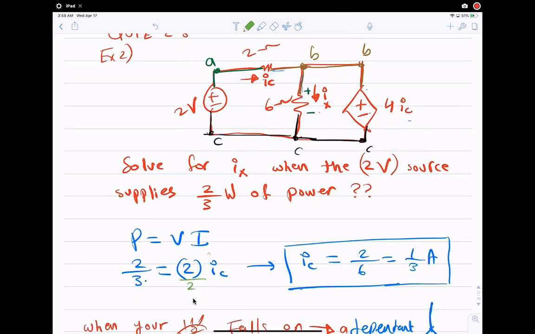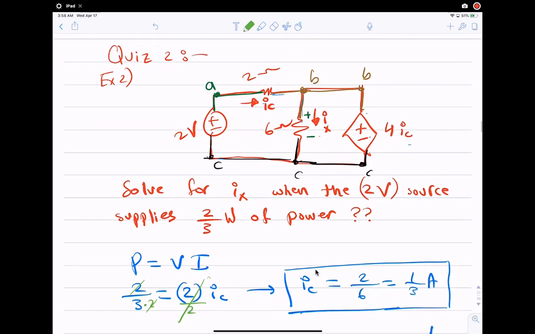So I divide over 2, and here you divide over 2, it's like you multiply the denominator on the other side by 2. 2 and 2 will be taken off, and then 1 over 3 ampere. This means IC equal 1 over 3 ampere.